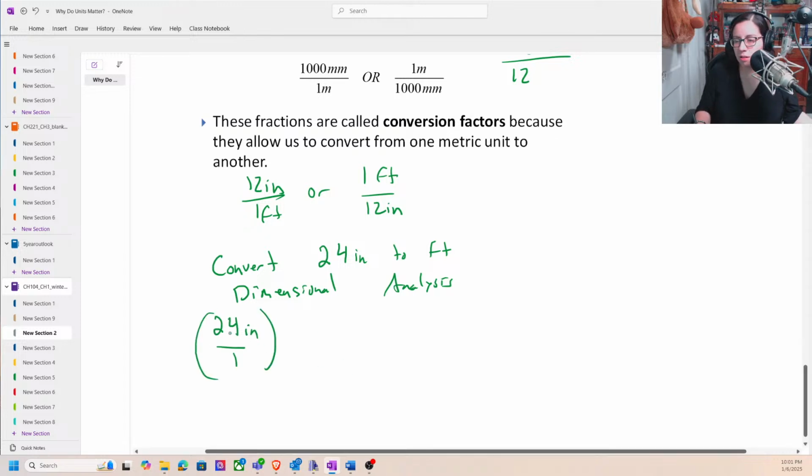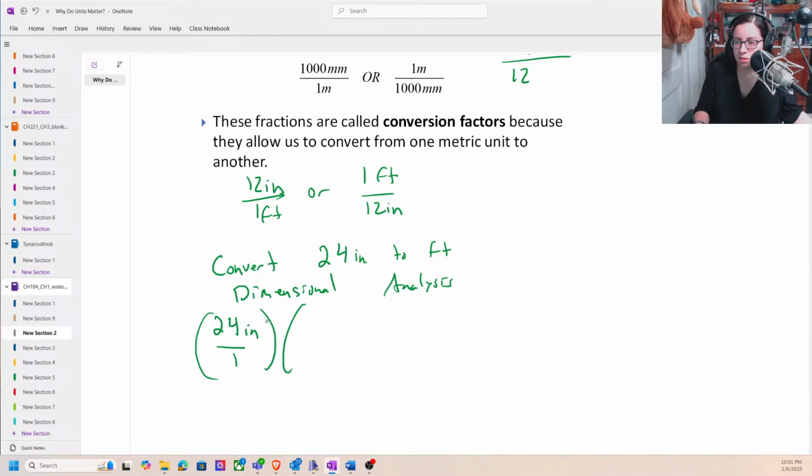I just make little fractions. And then I'm going to convert. We pick our conversion factor such that we have the units that we desire on top, and the units that we're trying to get rid of on bottom. So we want to pick the second one here, 12 inches, 1 foot.